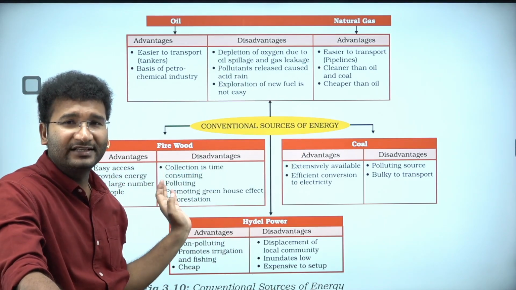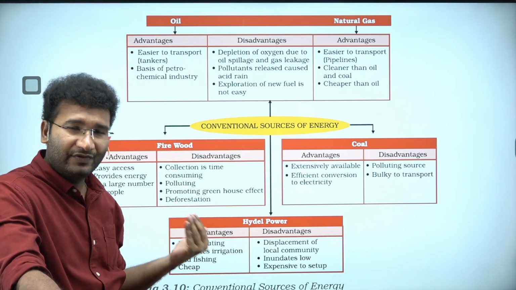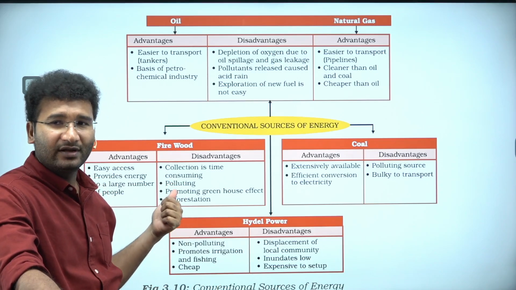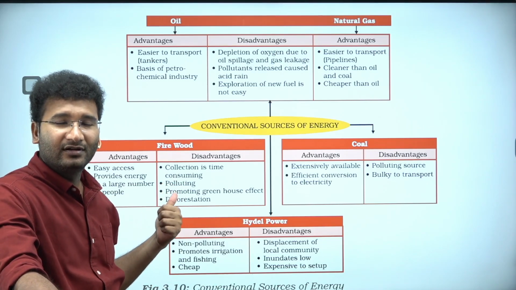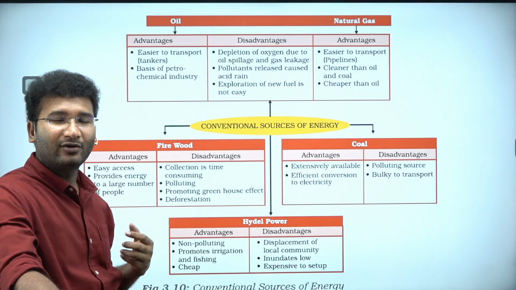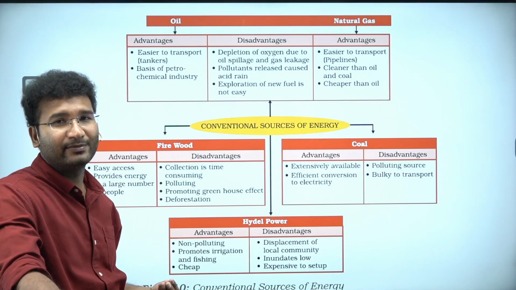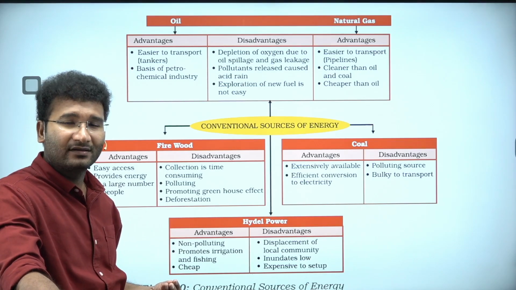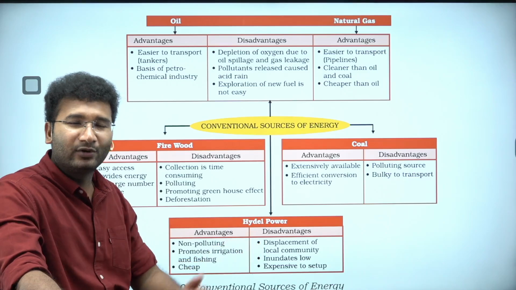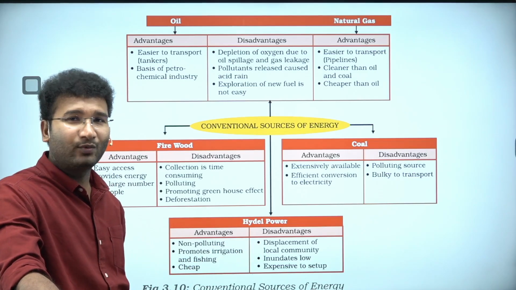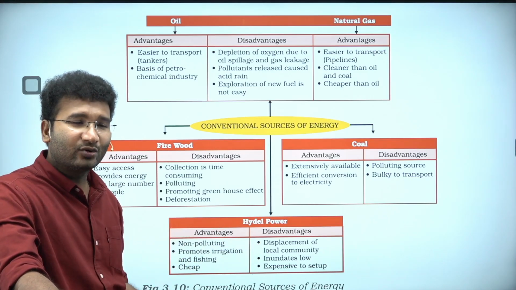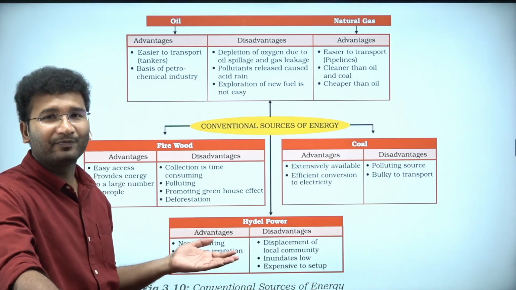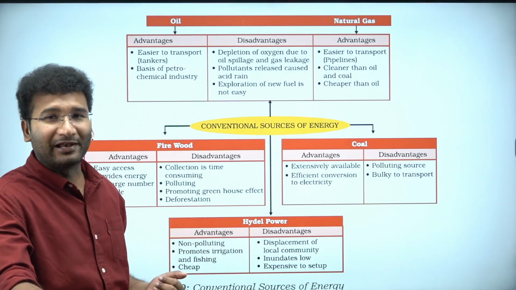If suppose wood is there, wood vegetation is cut down, and once the vegetation is cut down for the purpose of firewood, you are also going to kill the animals in that part of the area. For example, in Indonesia, what they have done is they started to cut down the forest and they started to grow palm oil.